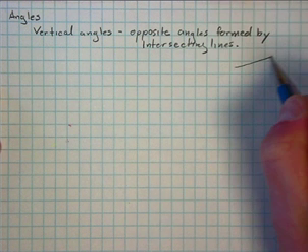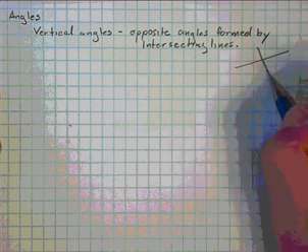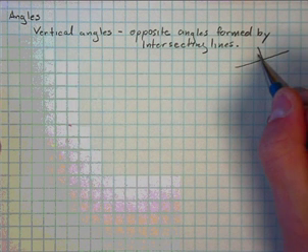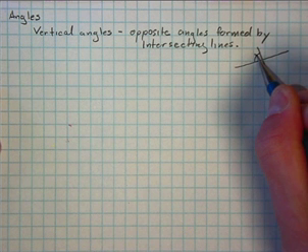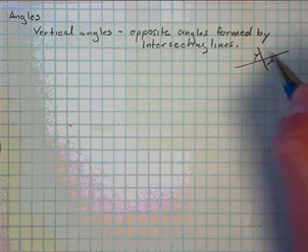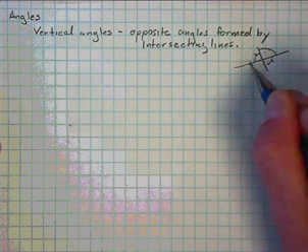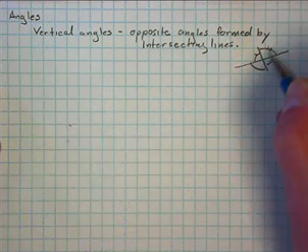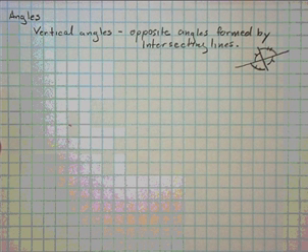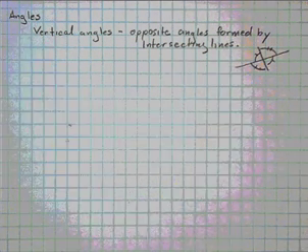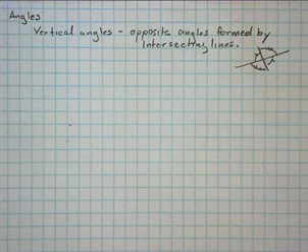So for an example, if you have two lines that cross like that, the vertical angles are this one, and then these are also vertical. Vertical just means that they are across from each other and they're congruent. They're always going to be the same measure.